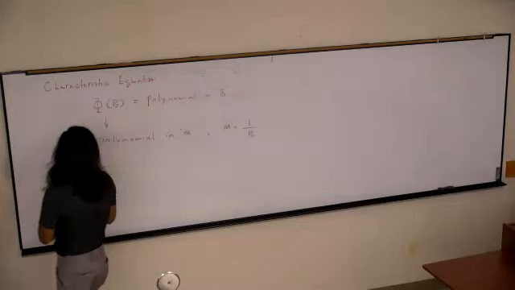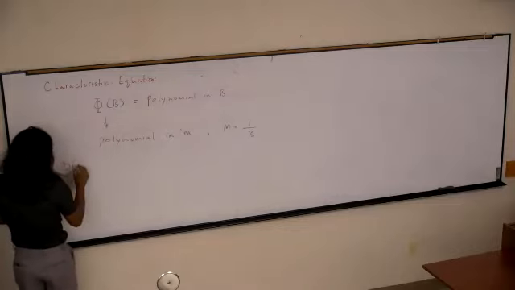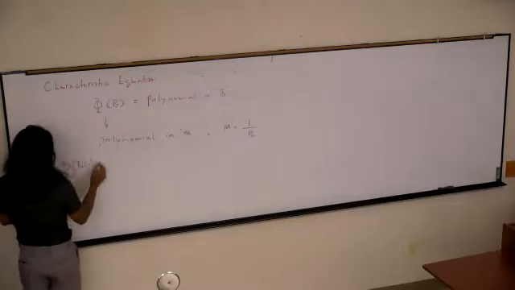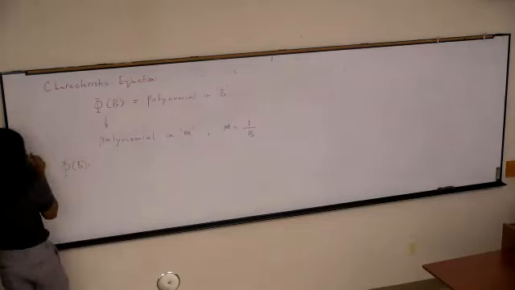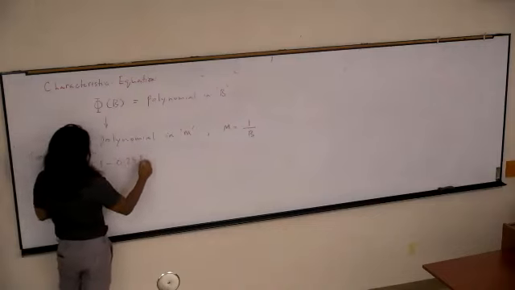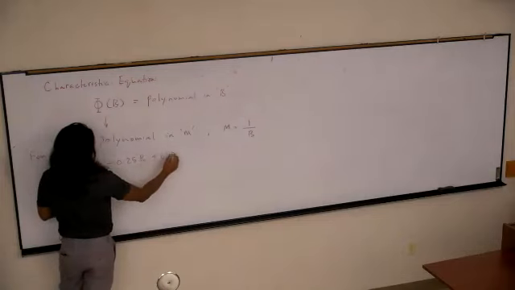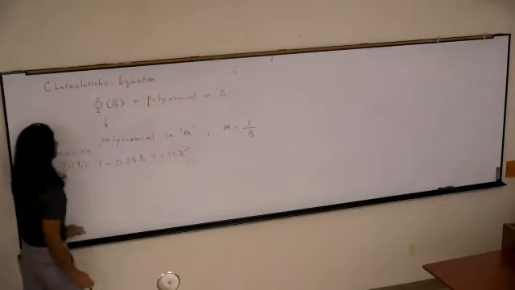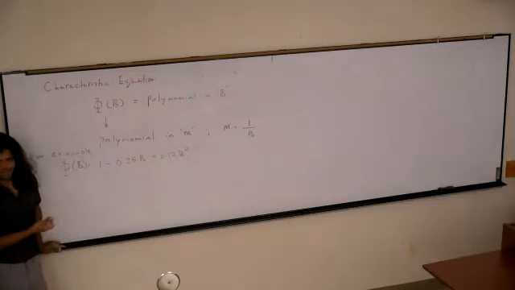If I took an AR2 model, let's make something up: 1 minus 0.25 b plus 0.12 b squared, the AR2 characteristic equation.